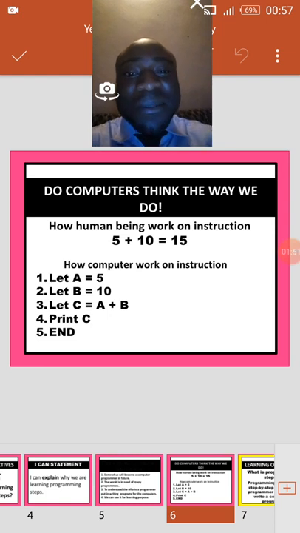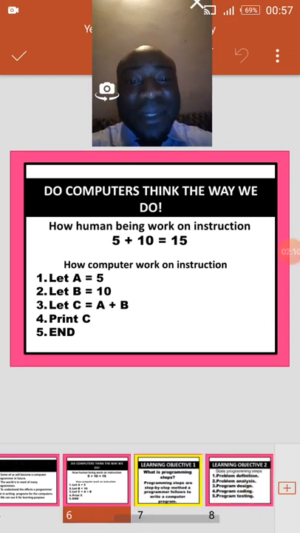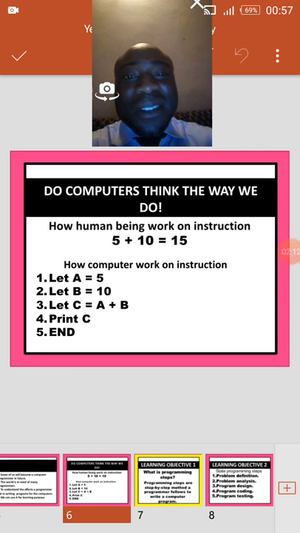We have how a computer works on instruction, the same instruction human beings work with, and when the computer works on the same instruction, it must follow it orderly, step by step. That is why you see step 1 to step 5.